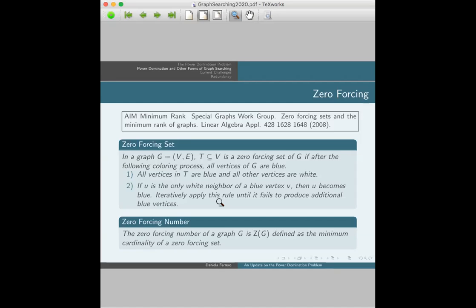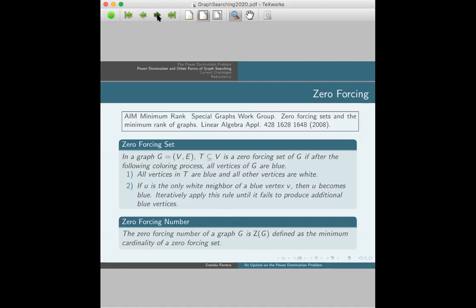And then we iterate the following rule: if U is the only white neighbor of a blue vertex V, then U becomes blue. And this rule is iterated until it no longer produces additional blue vertices. So the zero forcing number of a graph is defined as the minimum cardinality of a zero forcing set.